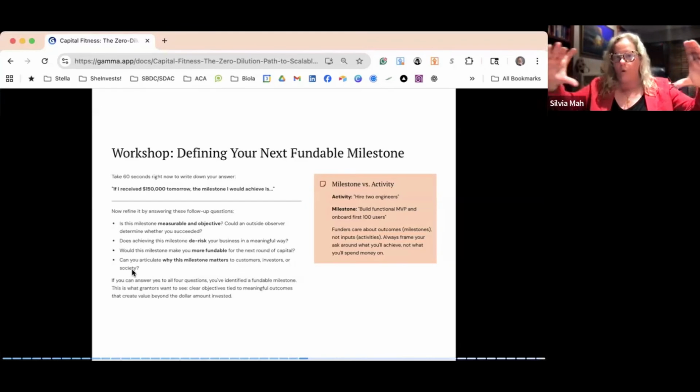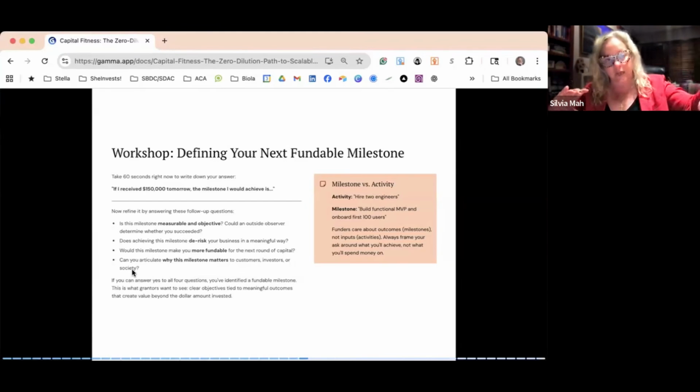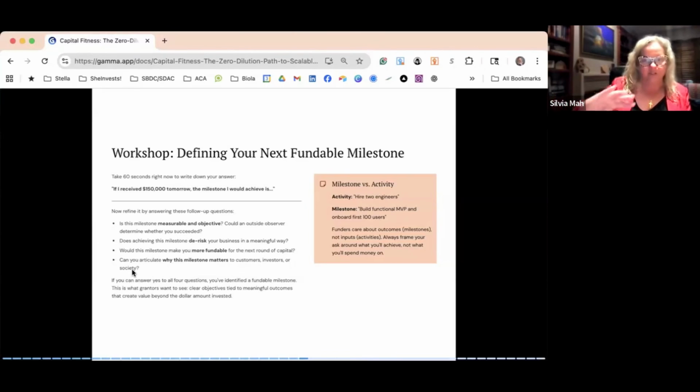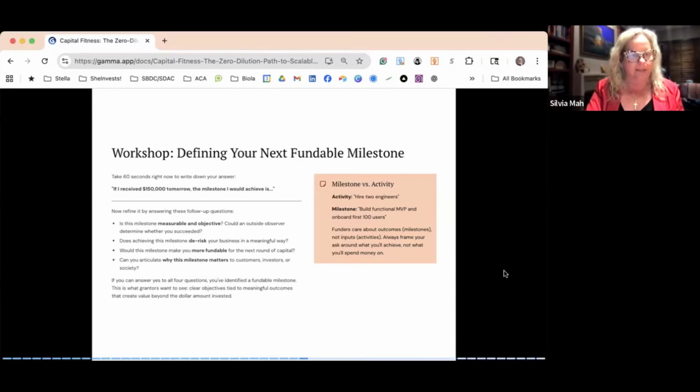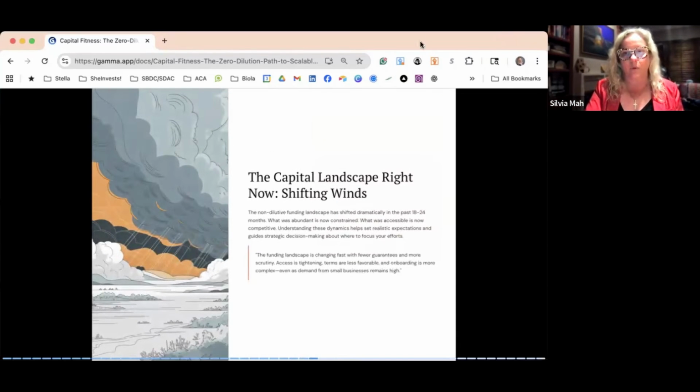Think about that whole continuum and why these milestones matter to customers and investors, and the impact it's going to have on society. Funders care about all of those pieces, the outcomes, which are the milestones, not necessarily the inputs of activities. So you're all on the right track. Well done there.